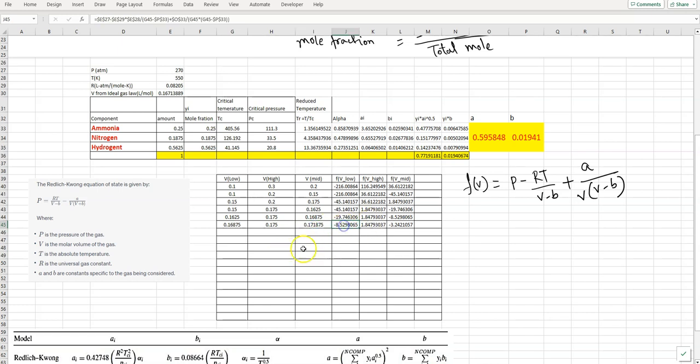Now this is negative, this is positive, this is negative.